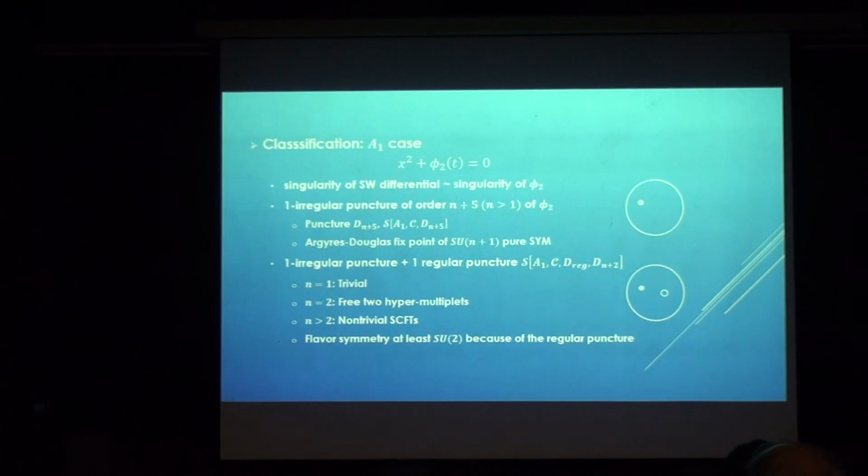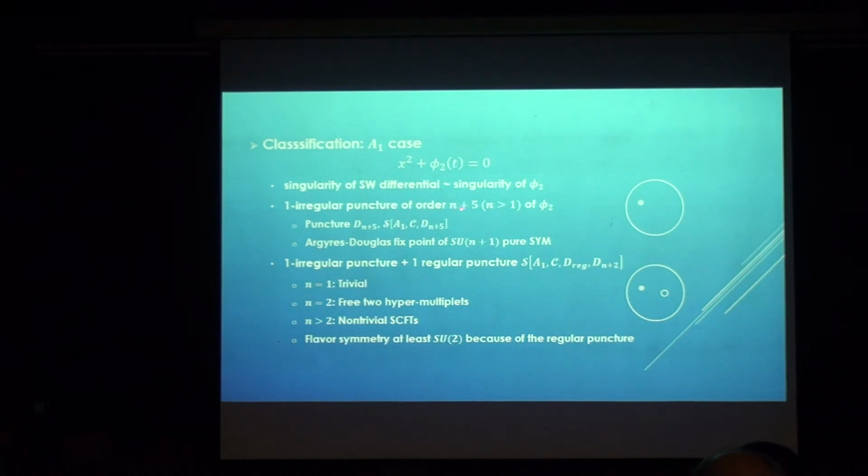Why is n plus 5 not lower? In the case of one irregular puncture, the order has to be greater than or equal to 6, right? Yeah, n is greater than 1, so n plus 5 is greater than 6. So why can't you go lower? That means, the differential is x dt, which is square root of phi 2 dt.